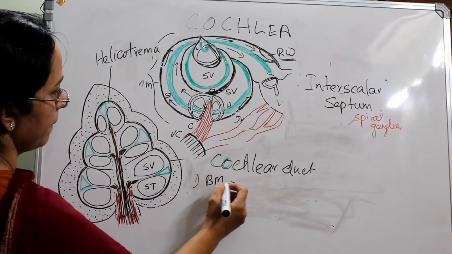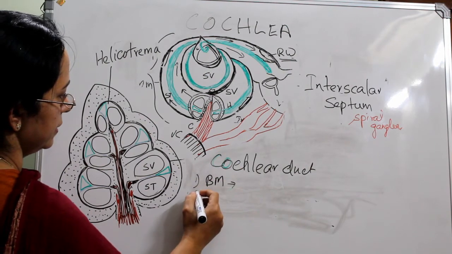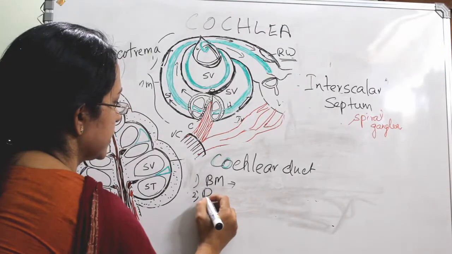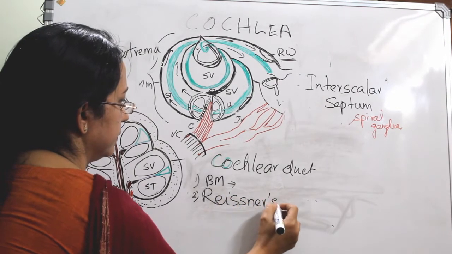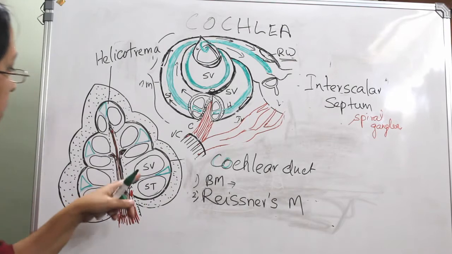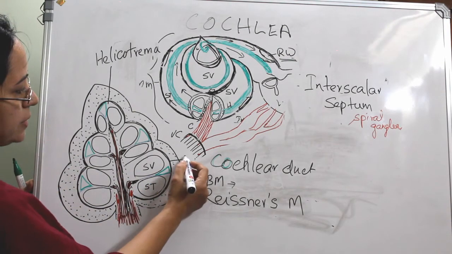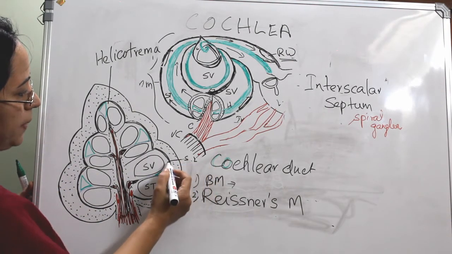The second one is Reisner's membrane. This I told is the spiral ligament.